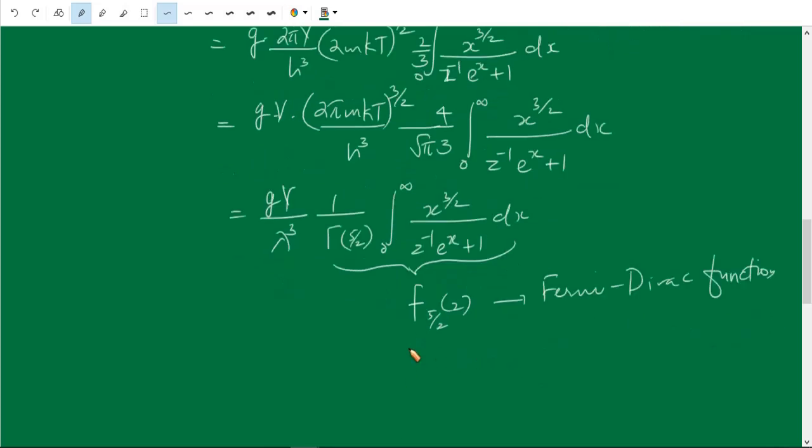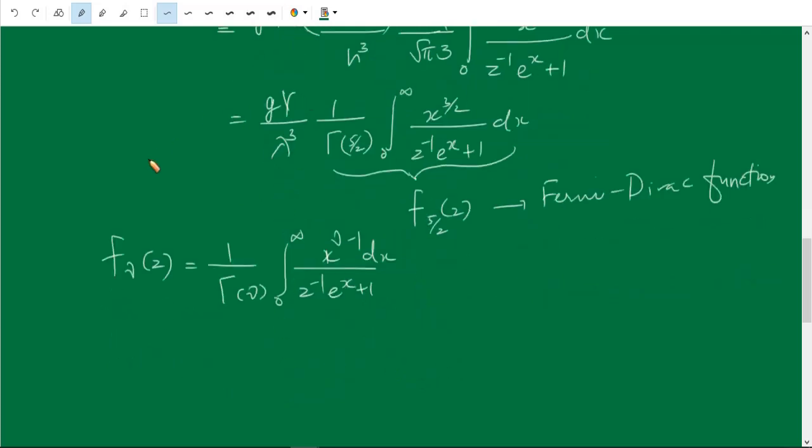Okay, so the Fermi-Dirac function is defined by f nu of z equal to 1 by gamma of nu, integral from 0 to infinity of 1 divided by z raised to minus 1 e raised to x plus 1, times x raised to nu minus 1, dx. Okay, so this is the expression for PV divided by KT.